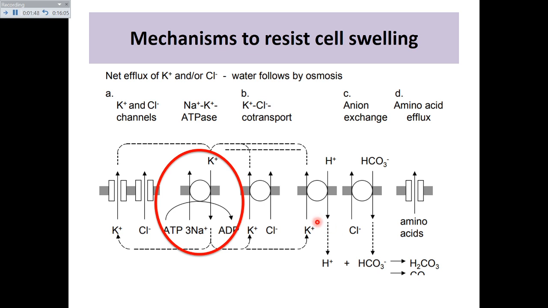This is the counter transport between K and H. Amino acid will also go out. Chloride will go out. So every mechanism that expels ions becomes activated in order for water to follow and go out and decrease the cell swelling.